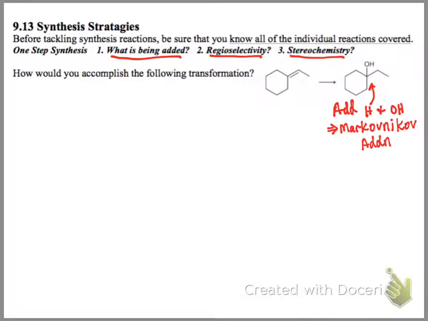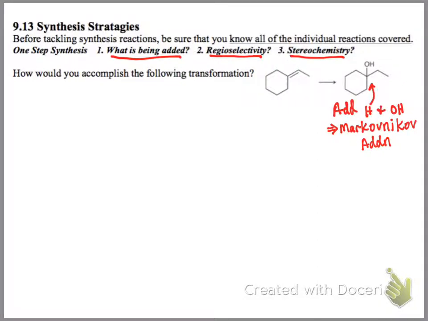We're going to add across a double bond. We're going to add a hydrogen and an alcohol, an H and an OH. Because it's an unsymmetrical alkene, one carbon is less substituted, the other carbon is more substituted, and the OH is adding to the more substituted carbon, so that would be the Markovnikov addition.